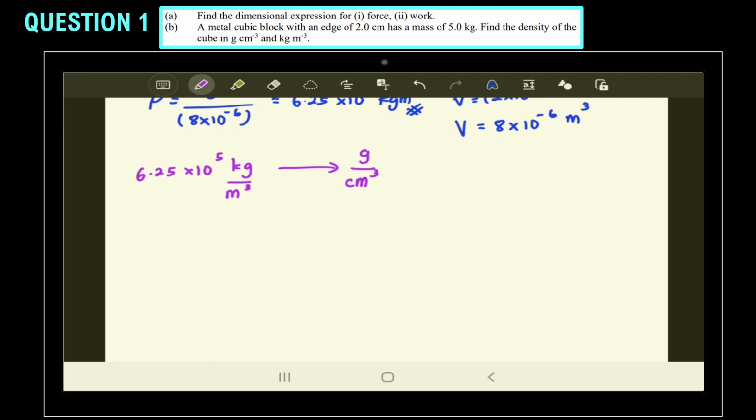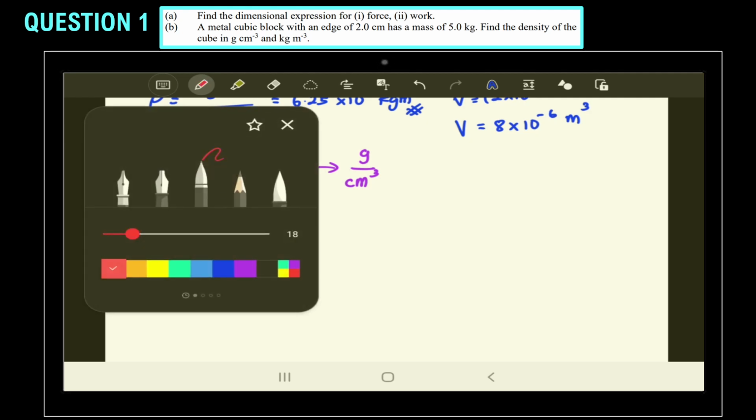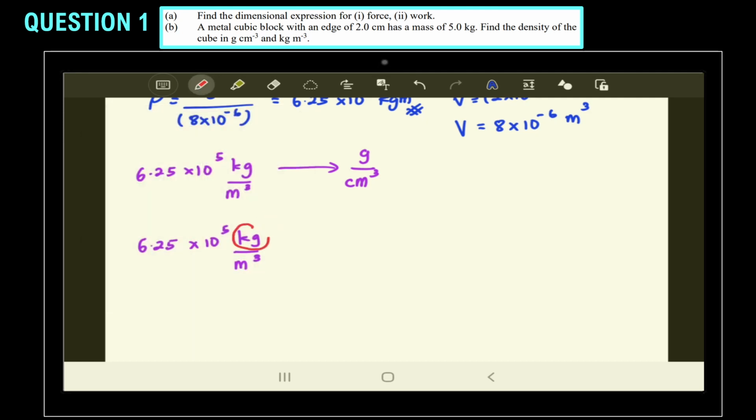Look at here, we have 6.25 times 10 power of 5 kg per meter cube. Now we have kg and we want to cancel kg. So we put another unit kg at the bottom of the fraction and gram here. So 1 kg is equal to 1000 gram or 10 power of 3 gram.